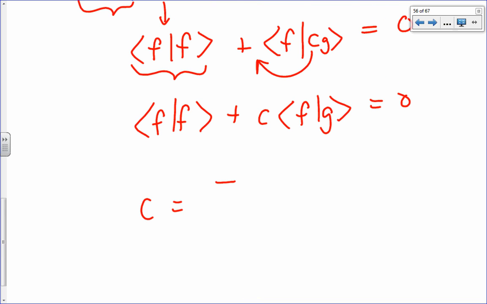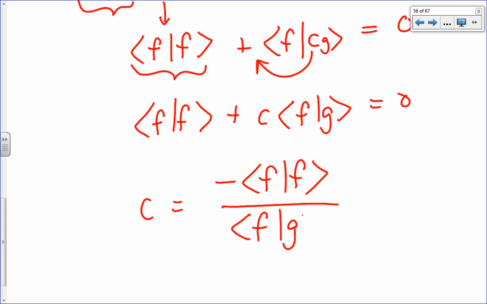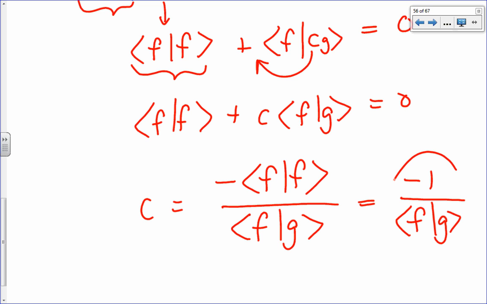It's the negative of the integral of f star f d tau over the integral of f star g d tau. Since we assume our functions are all normalized, this is just going to be -1 over the integral of f star g d tau. Okay, so that's our c.